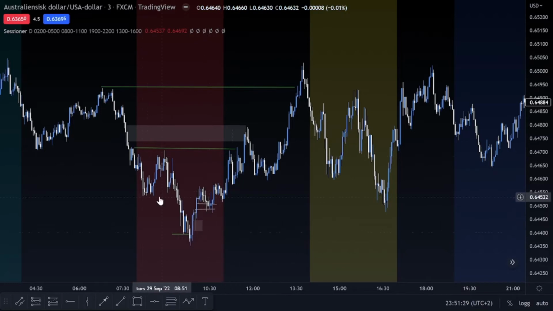So I don't say every example here is a tradable scenario. I just show off here how I go through all price data, and this helps me to train my eyes to identify market maker models and reversals, and why setups failed.